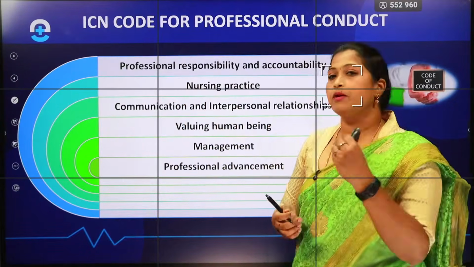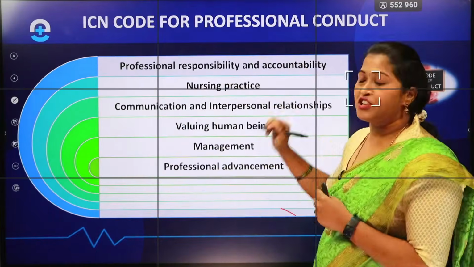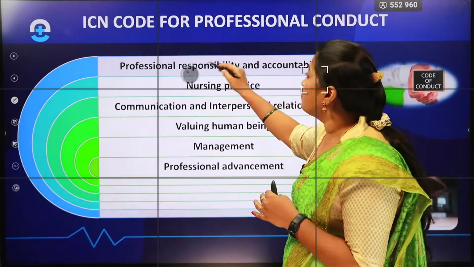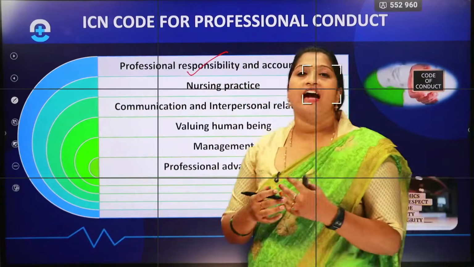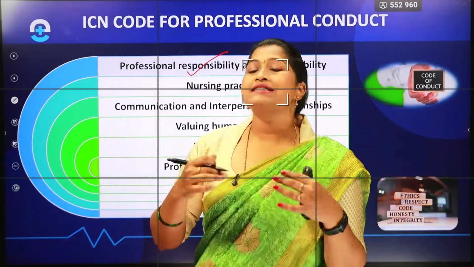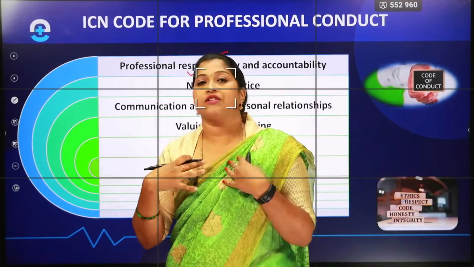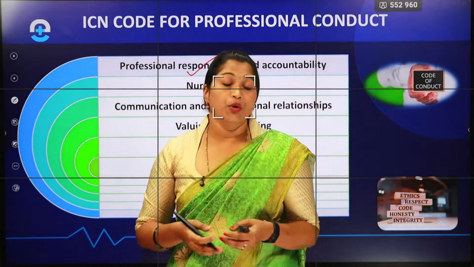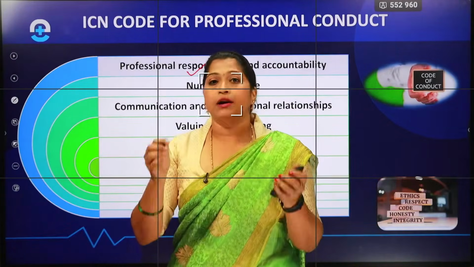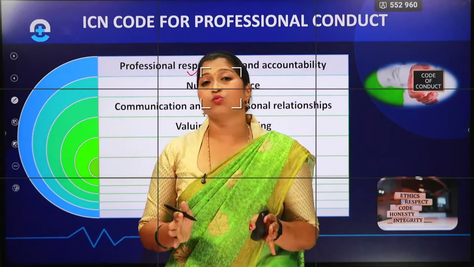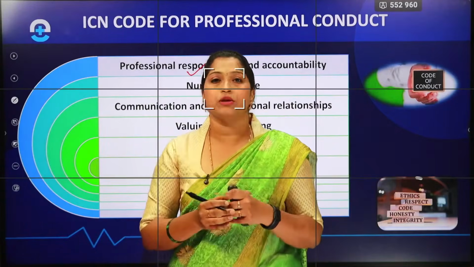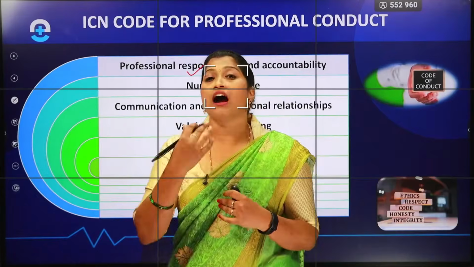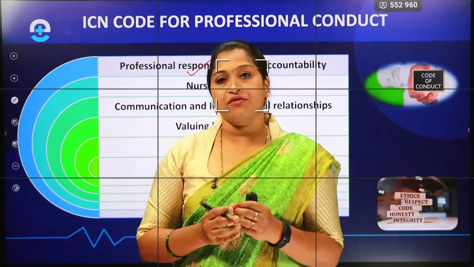The first ICN code for professional conduct is professional responsibility and accountability. As nurses, our professional responsibility is giving care to the patient. Yes or no? Yes, the main responsibility we have as nurses is giving care to the patient, and also we are accountable for any care that we have given.